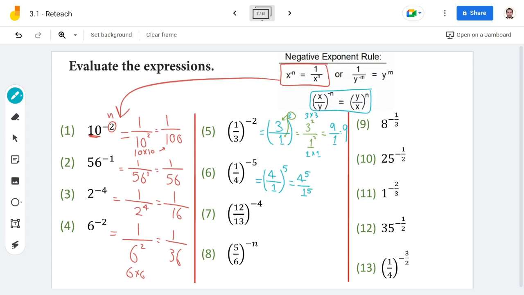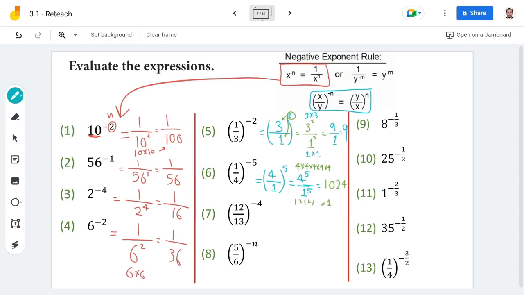Now 4 to the power of 5 means 4 times 4 times 4 times 4 times 4, which is equal to 1024. And 1 times 1 times 1 always is equal to 1. So 1024 over 1 is equal to 1024.